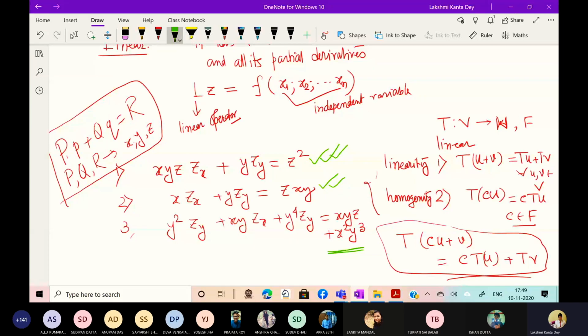And in the right hand side, it has to be a function of all the independent variables occurring in the given partial differential equation. So then the first equation is not linear.